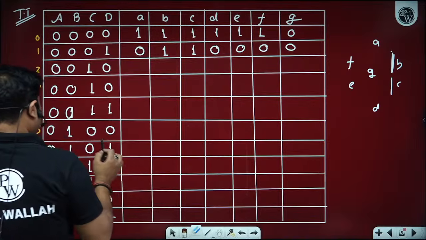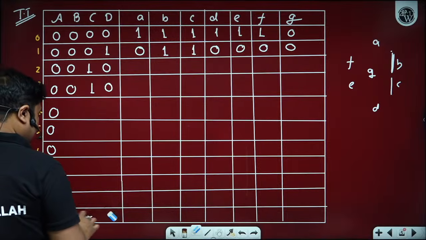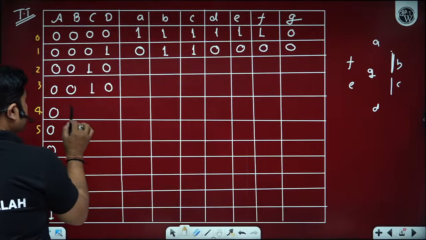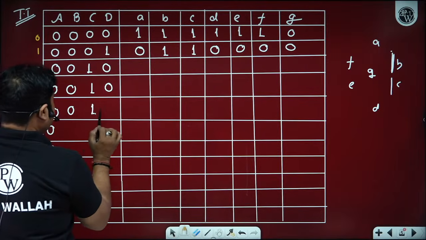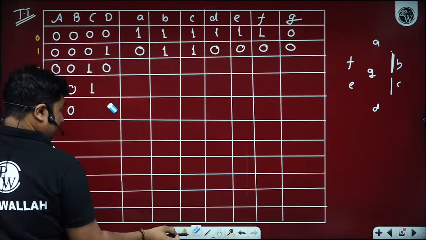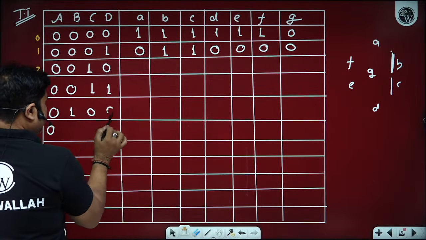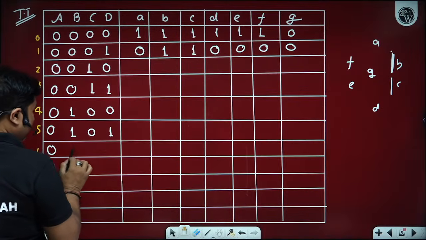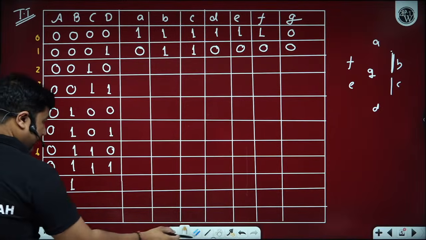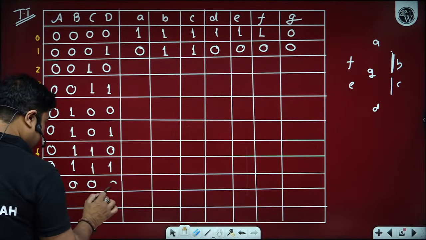Allow me to change this. 0, 0, 0, 0, 1, 1. Binary of 3. Then binary of 4. Binary of 5. Binary of 6. Binary of 7. Binary of 8. And binary of 9.